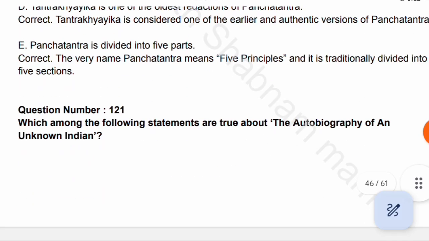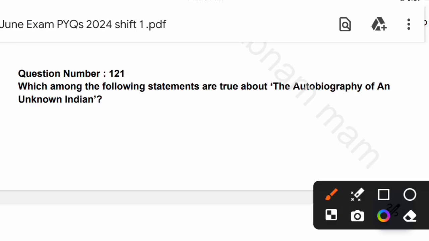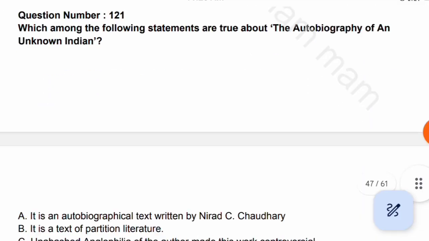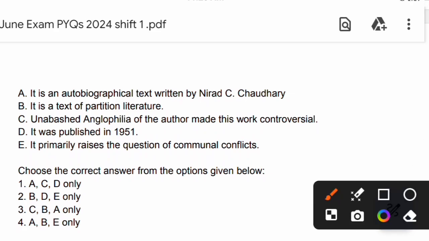Next question. Now, which among the following statements are true about the Autobiography of an Unknown Indian? Let's see the options. It is an autobiographical text written by Nirad C. Chaudhuri. It is a text of partition literature.